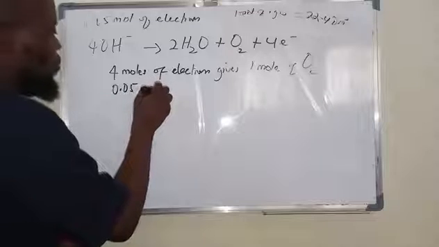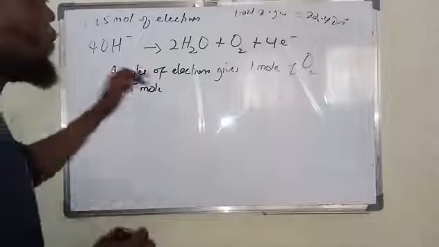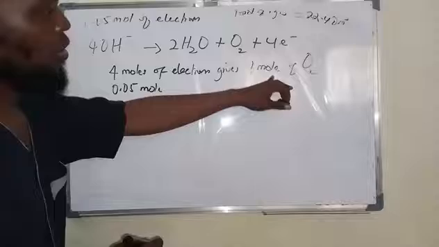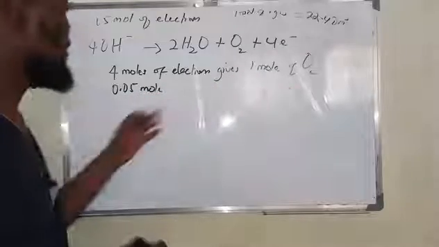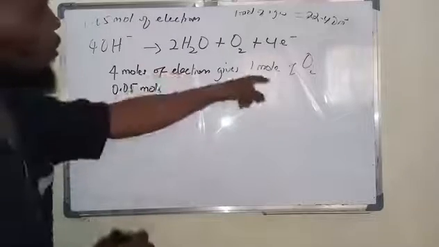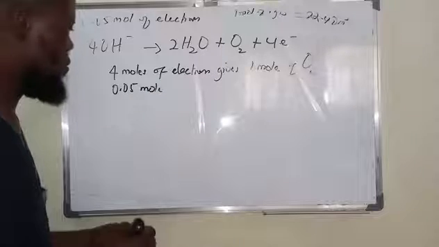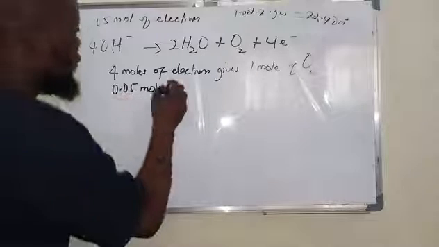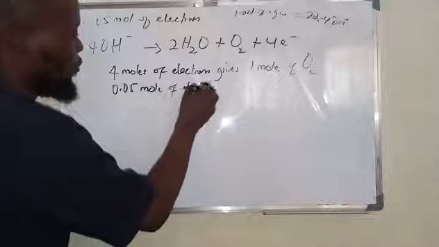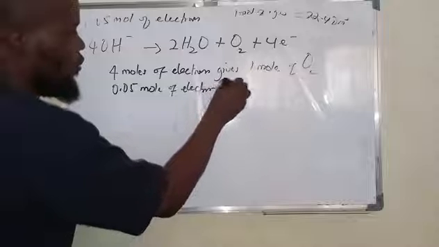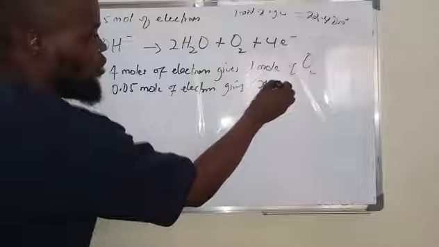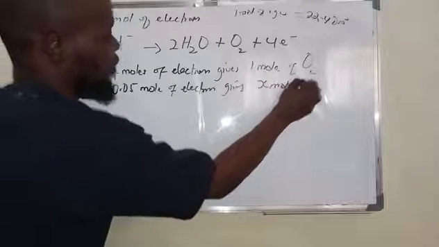So if 4 moles of electrons are required for 1 mole of oxygen, then how many moles of oxygen will 0.05 mole of the same electrons give? It should give a number of moles which we don't know. We call it S of oxygen.